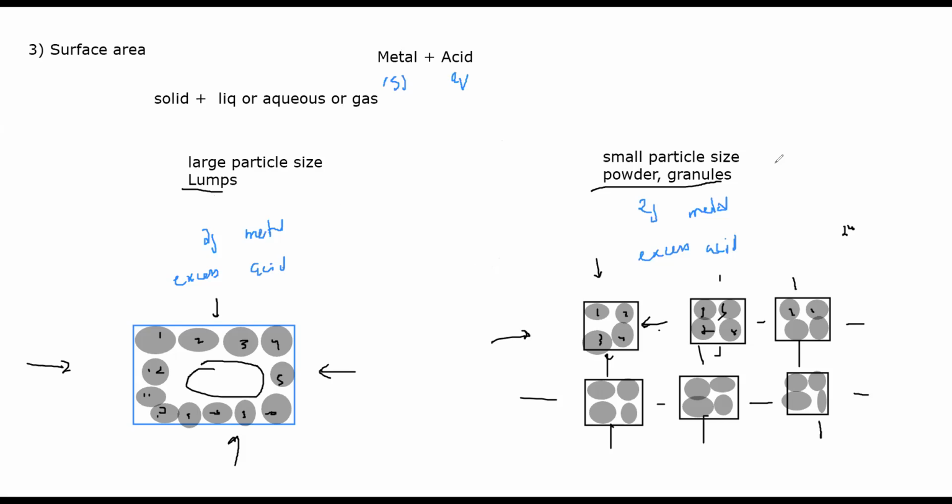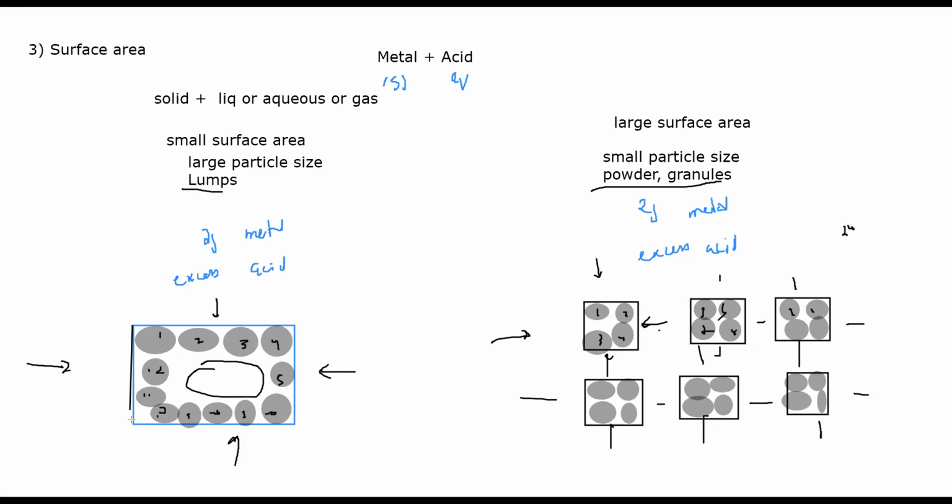Whenever the particle size is smaller, a smaller particle size means it will have a large surface area, and a large particle size means it will have a small surface area. Surface area is the area which is exposed to the surrounding.